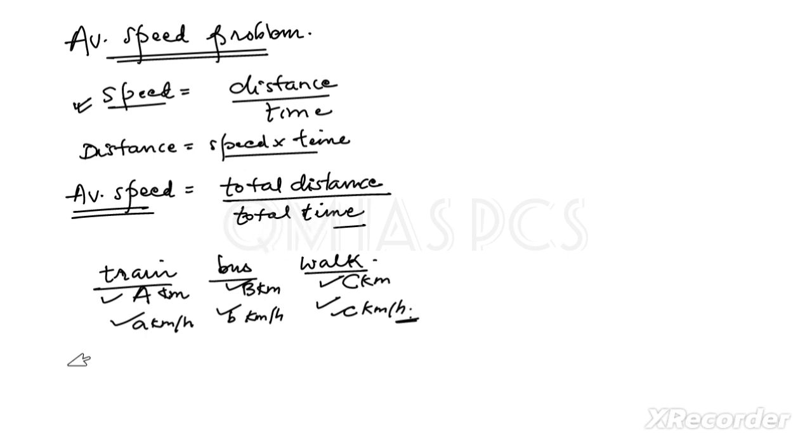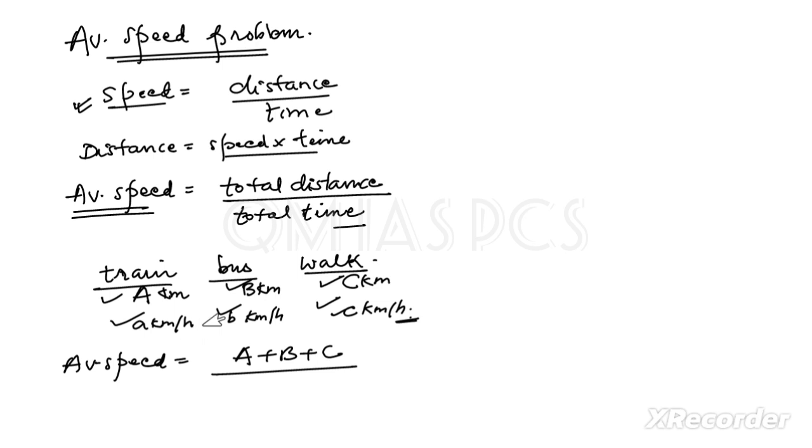Now you may wonder how can we write the total distance by total time? If you write average speed, average speed is equal to total distance. Total distance means a plus b plus c, this is the total distance. But what about the total time? We don't know the total time, so how can we calculate that one?